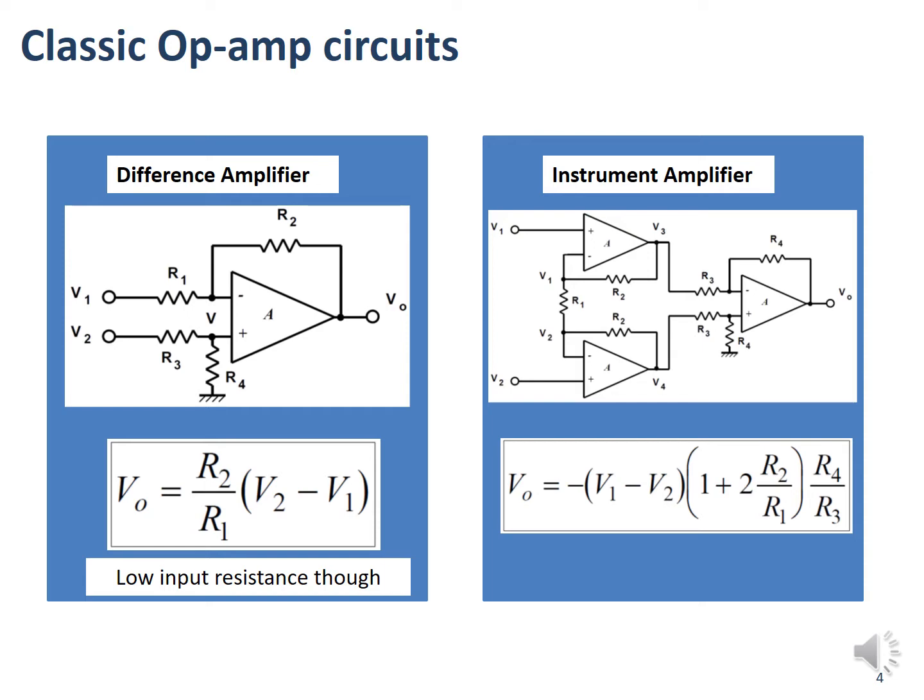And then we can also use these op-amps as what we call an instrument amplifier. This is a slightly more complicated circuit. Again, the output is proportional to the difference between the two inputs. But what you can see here is that both my input signals, V1 and V2, are applied to the positive terminal of the first group of op-amps.